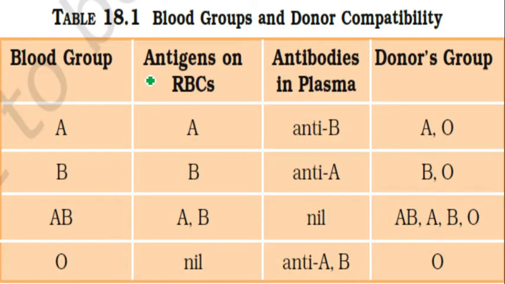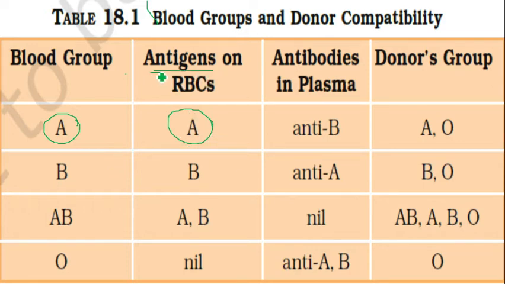Then if you see these four different varieties of blood groups, those contain antigens on their RBC. Apart from that, in their plasma there are antibodies. If you see A blood group persons, we already saw in the previous video that A blood group persons contain A antigen.